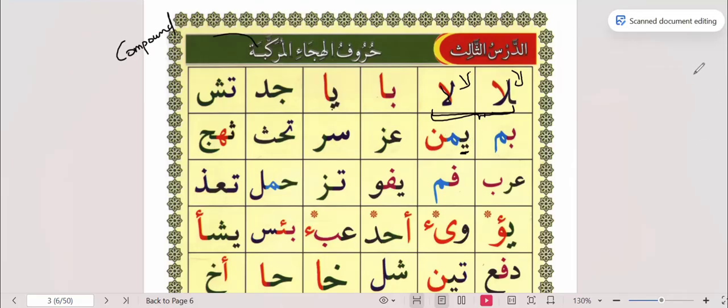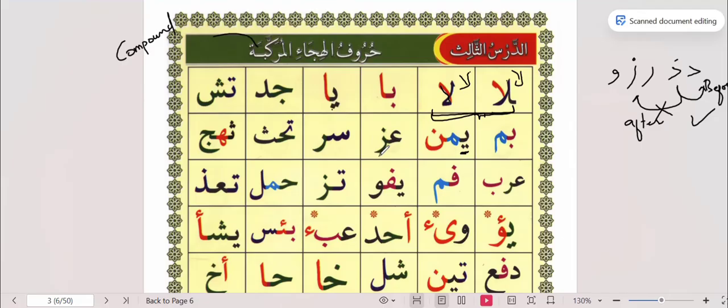And if you are remembering, these 5 letters will never join to the following letter. Yani the letter following it, they don't join. They can join with the letter before, but they cannot join to the letter after.